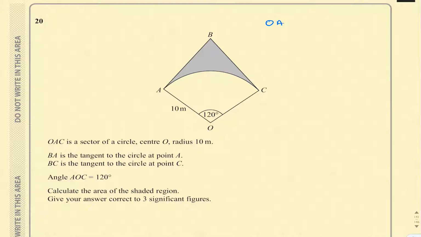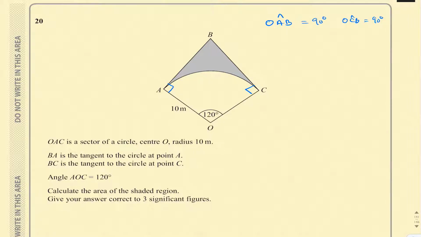Angle OAB is 90 degrees and angle OCB is also 90 degrees, because a line tangential to a circle forms a right angle with the circle's radius.